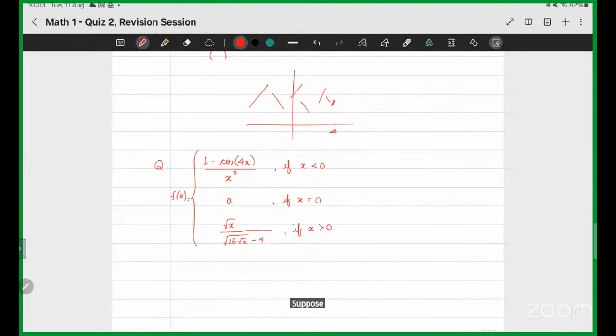Suppose that the function is continuous at x equals 0. Then we have to find the value of a. So what is the right hand limit?